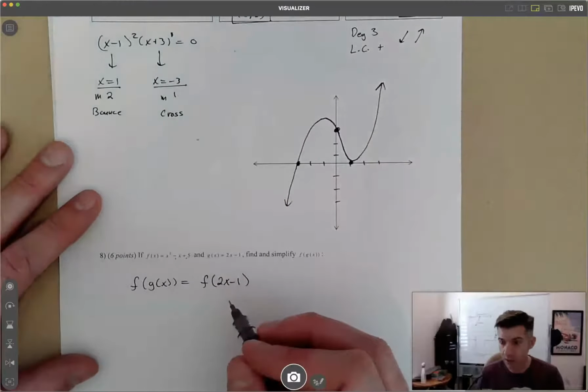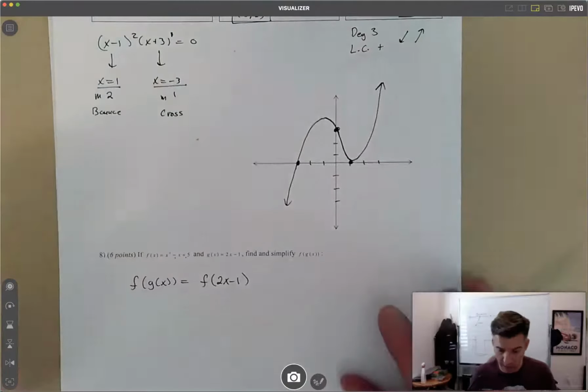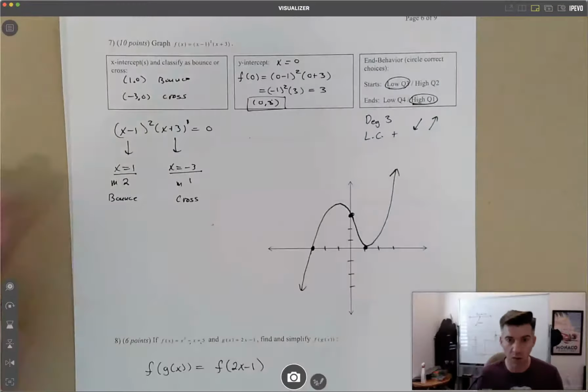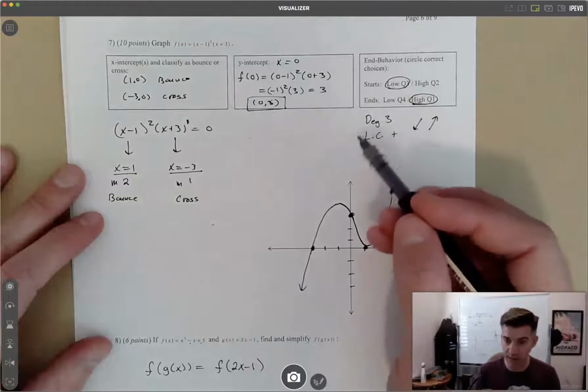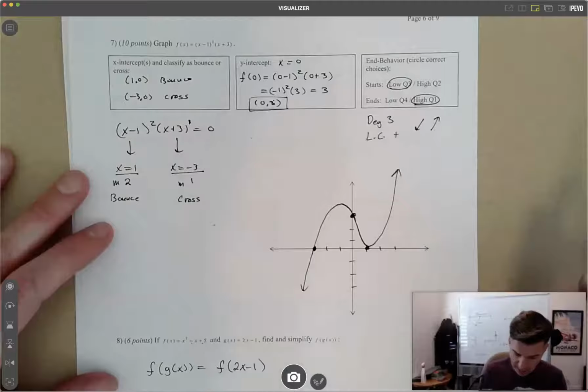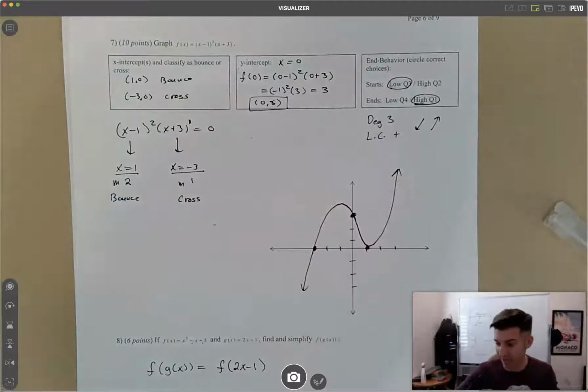Oh, can I explain how I found the end behavior? Yeah. So here's what I was really thinking. I saw it was an odd degree and a positive leading coefficient. When I see that, I really think of y equals x cubed, because that has the same sort of deal.